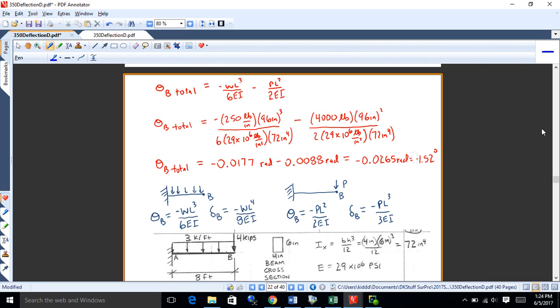All right. And then you just do the same thing for the load. You just use the formulas there, add the two together. The point B is moving down, so you'd want to, you know, have a look at that.